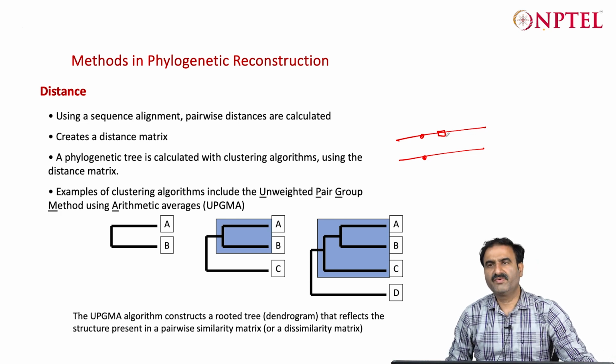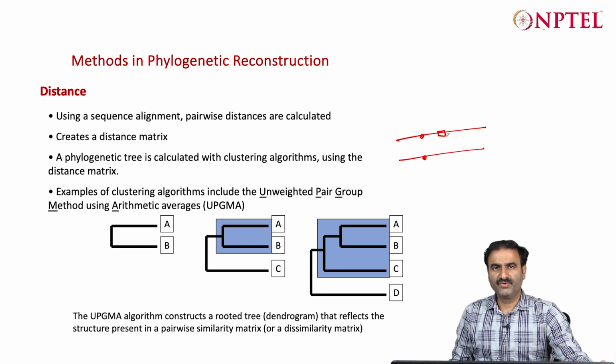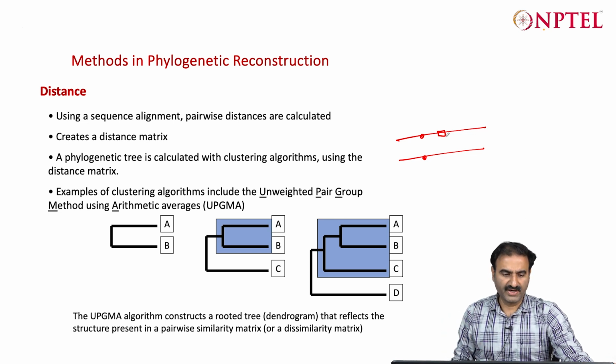So basically this provides very limited information, but it is very fast in terms of making the tree. So this method has limited applications, and is more true for very closely related organisms.